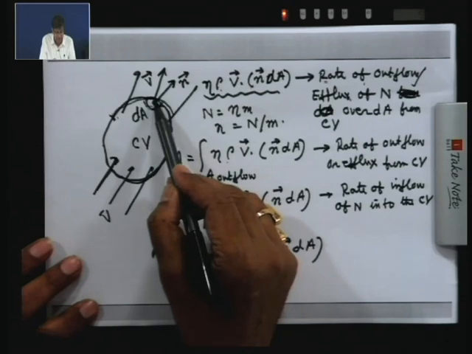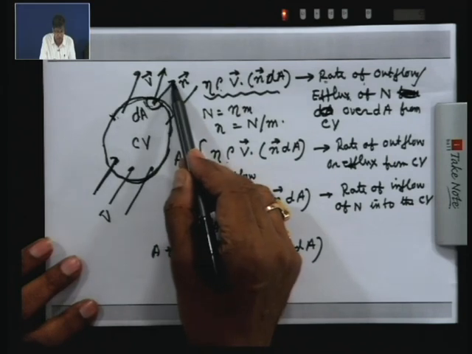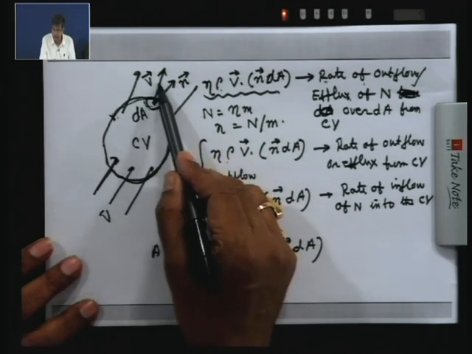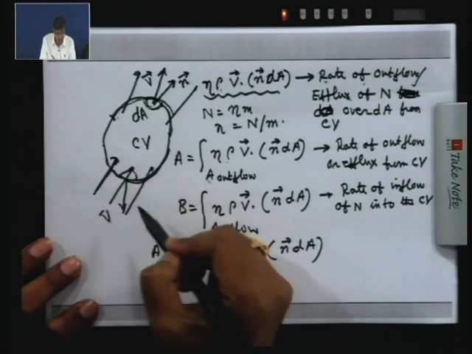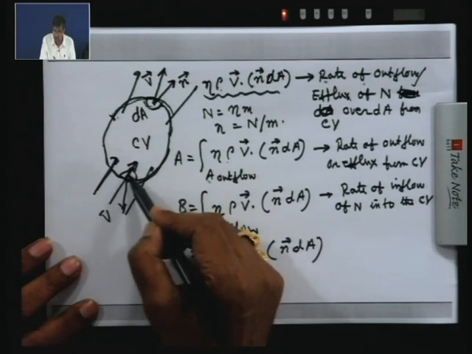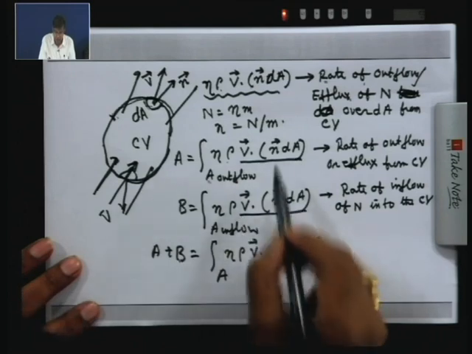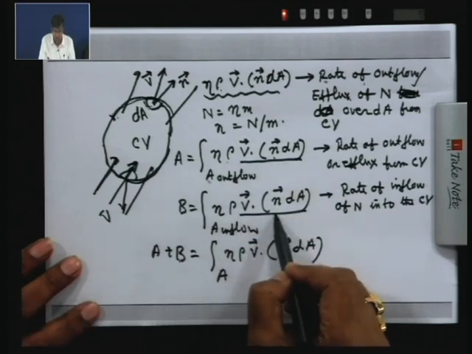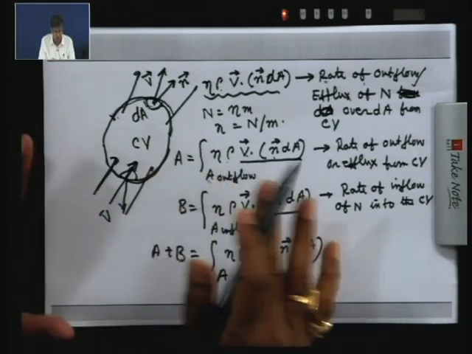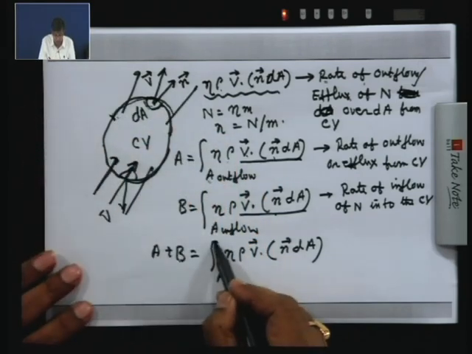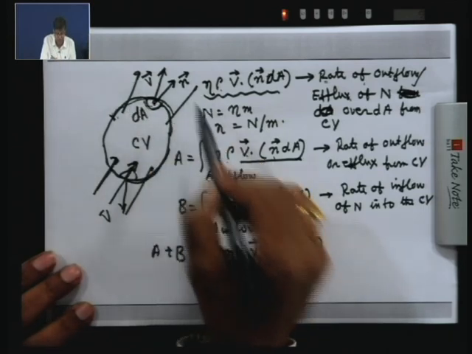The difference is that in the outflow area, the velocity vector and the outward normal are in the same direction, whereas in the inflow area, the normal direction and the direction of the velocity vector are opposite. So this product V dot n dA is positive for outflow area and negative for inflow area. If we algebraically add it, we do not bother which is the inflow or outflow area; you simply integrate over the entire surface area, and depending upon the direction of the velocity vector, it will take care of that.